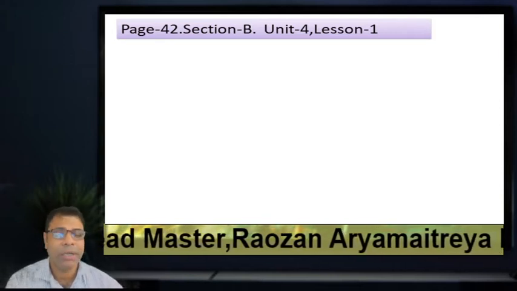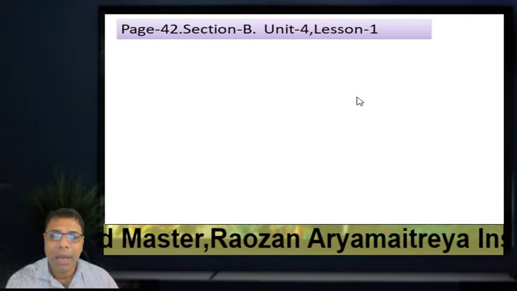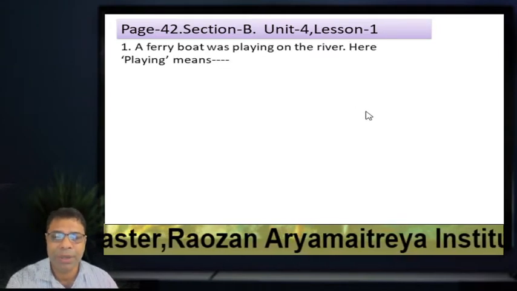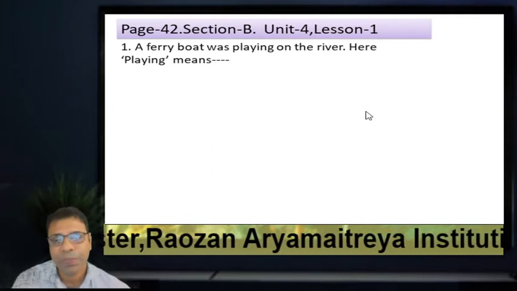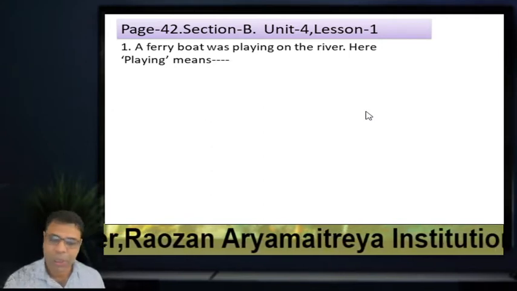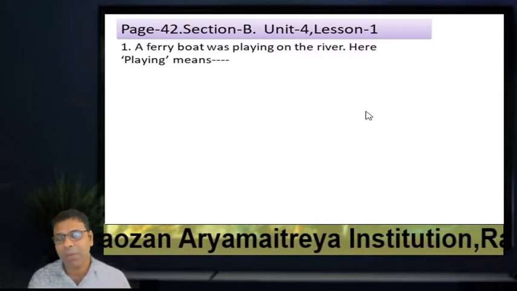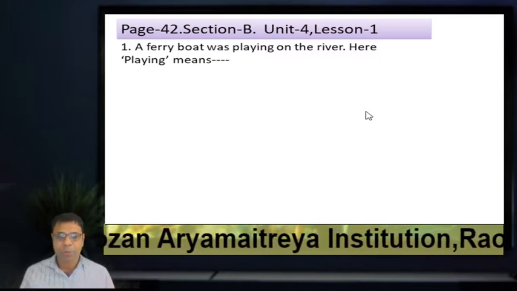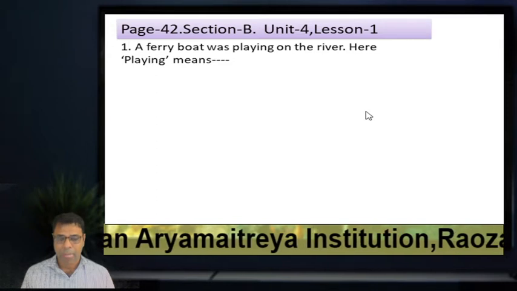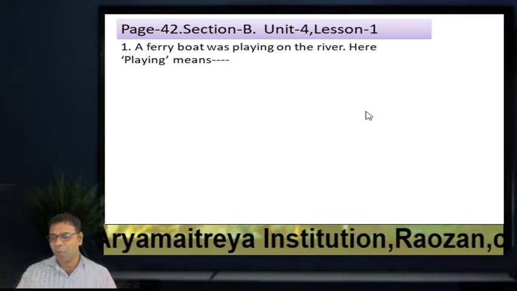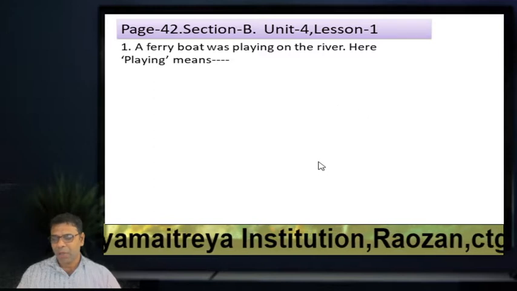Okay, dear learners. Now, my question to you is, I am going to give you questions, and with the questions I will give you 4 options. You have to choose the right one. First one. A ferry boat was plying on the river.